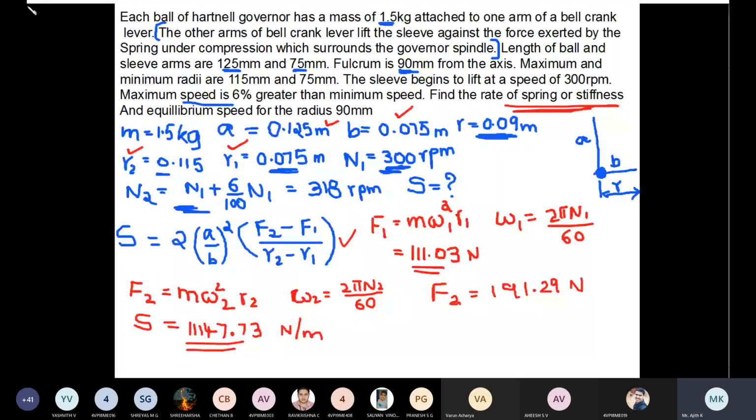Now the second sub question is pending. You have to find out what is the equilibrium speed for a radius of rotation 90. For this, I will use the equation F minus F1 divided by R minus R1 is equal to F2 minus F1 divided by R2 minus R1.